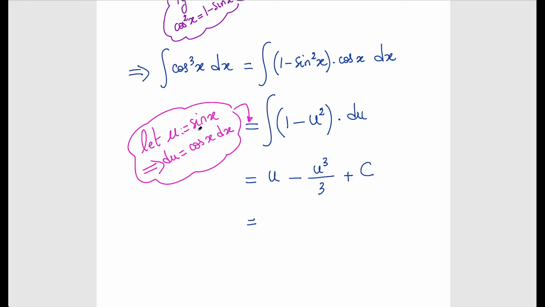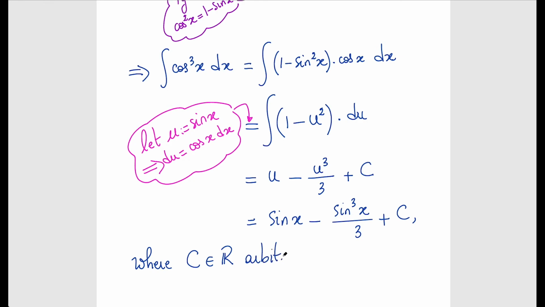So u happens to be sine x, that's our choice. So sine x minus sine cubed x over 3, plus c, where c is an arbitrary real number.